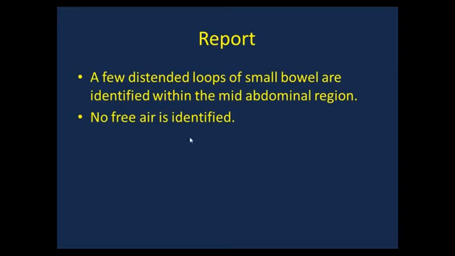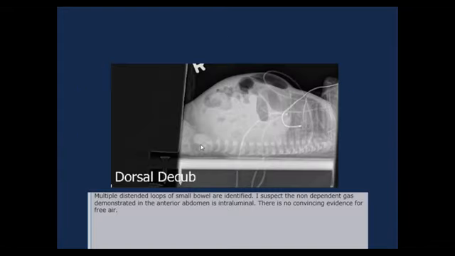No free air is identified. This cross-table dorsal decubitus X-ray, just to rule out any suspicion of perforation, has been reported as no perforation, and the air is most probably intraluminal rather than free air.